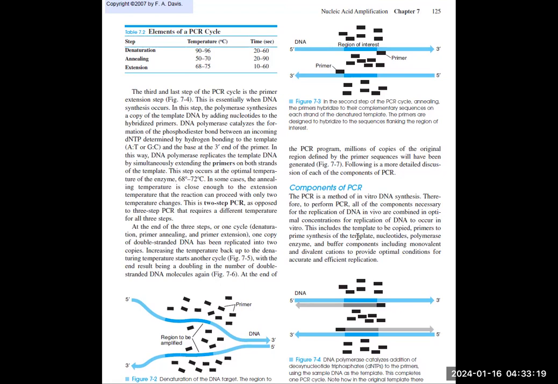For priming synthesis of the template, we have our dNTPs or nucleotides, the 4 nucleotides. We have our very important DNA polymerase enzyme, which is responsible for adding our nucleotides, and buffers to maintain an optimal pH. We also have the monovalent and divalent cations. You can see this in a summarized form in Table 7.1, the components of a typical PCR reaction. Okay.